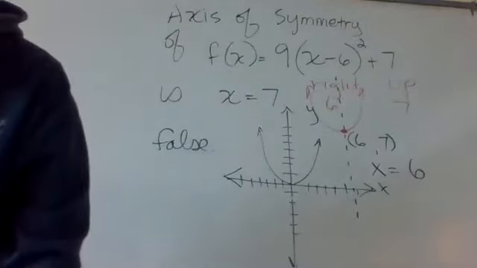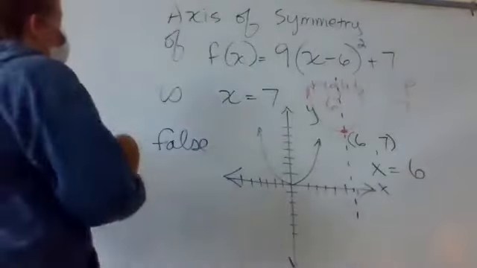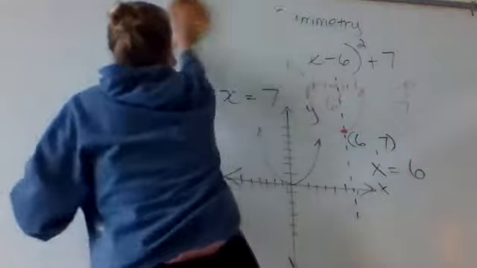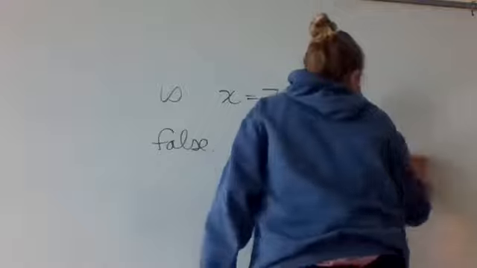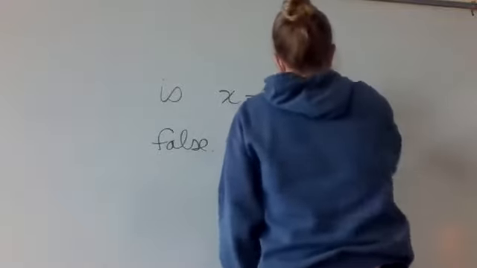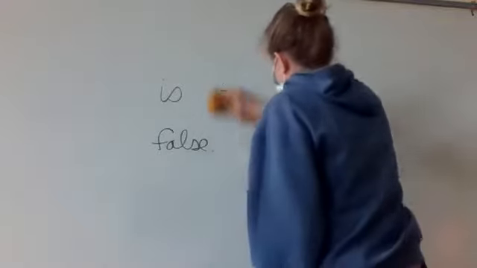Okay, now getting into numbers 8 and 9. All right, it's going to give us the same kind of information, and then it's also going to ask us about the vertex and the minimum or maximum value, and then it's going to ask us some new questions.